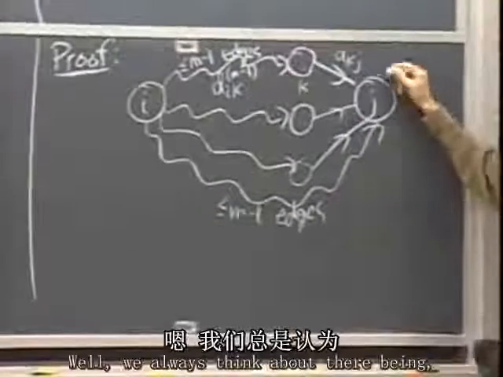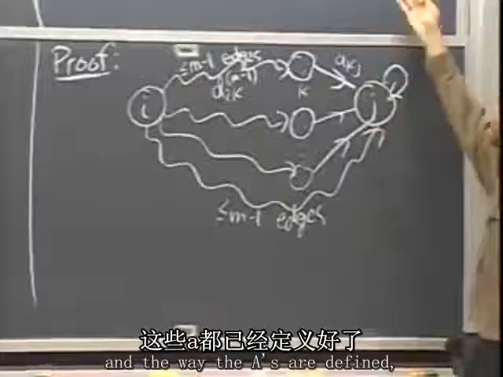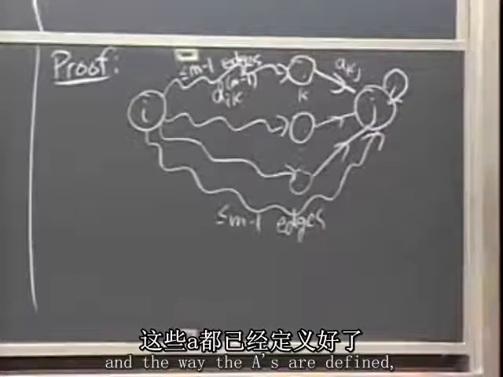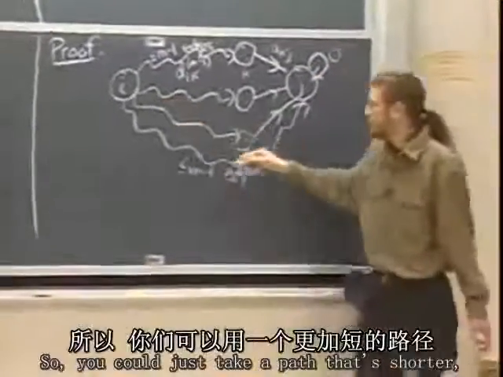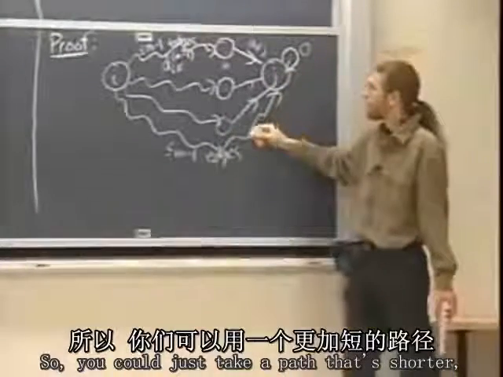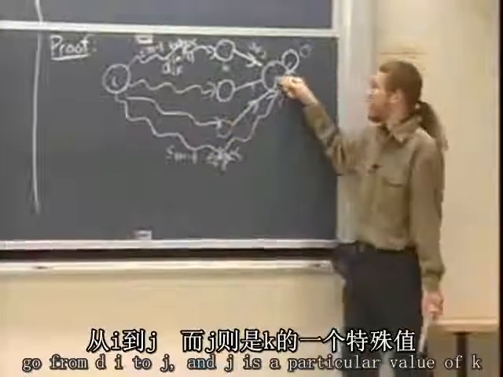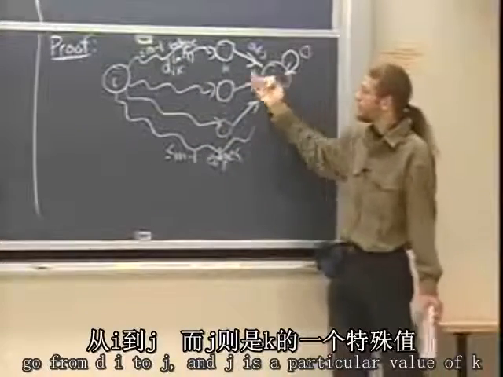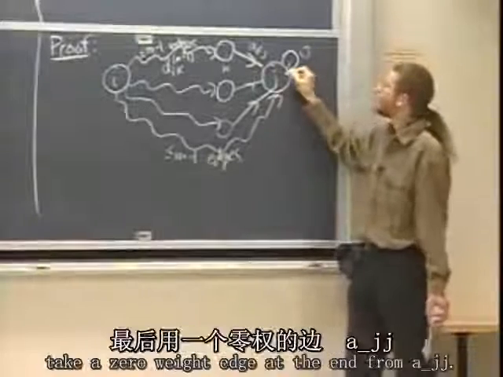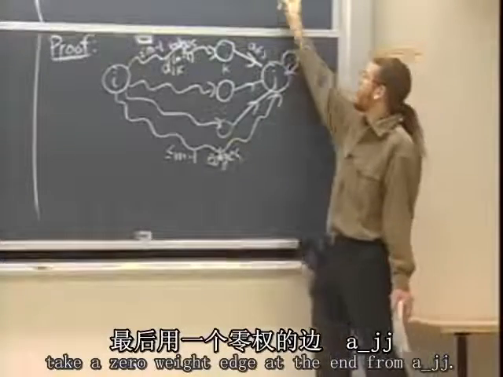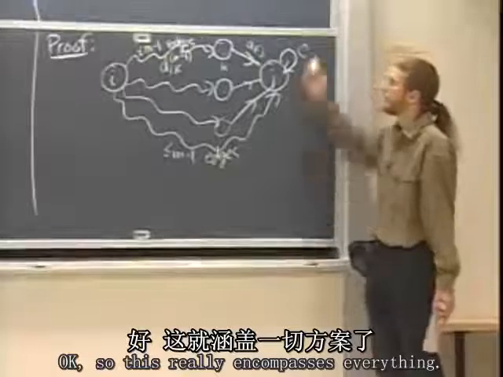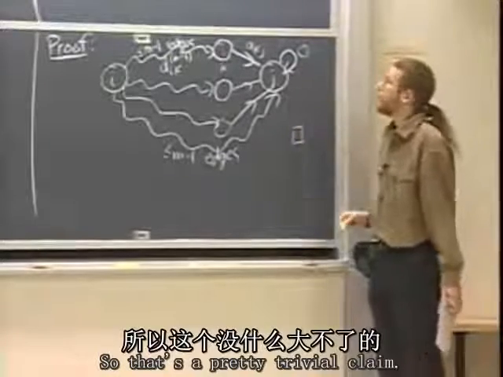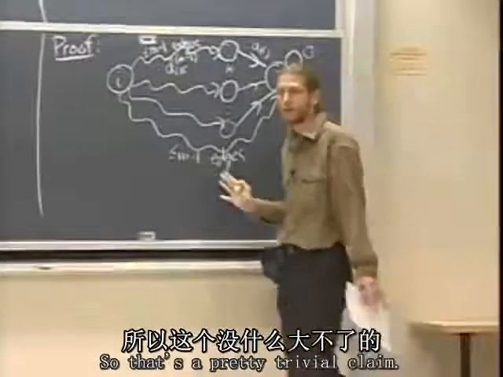Well, the way that the a's are defined, there's always this 0 weight edge to yourself. So you could just take a path that's shorter, go from i to j, and j is a particular value of k we might consider, and then take a 0 weight edge at the end from a jj. Okay, so this really encompasses everything, and so that's a pretty trivial claim. Clear?